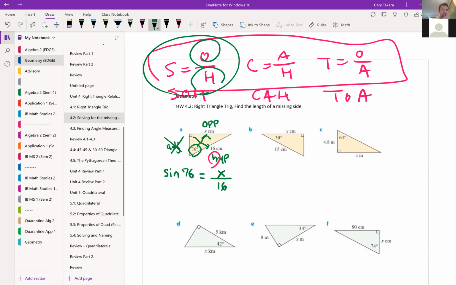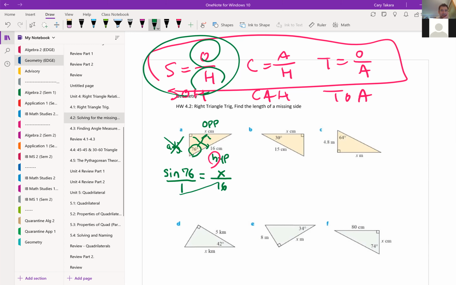And in this one, x is on the top, so it's going to be an easy one. If you cross multiply, you just get x equals right away. X equals sine of 76 times 16, whatever that is.